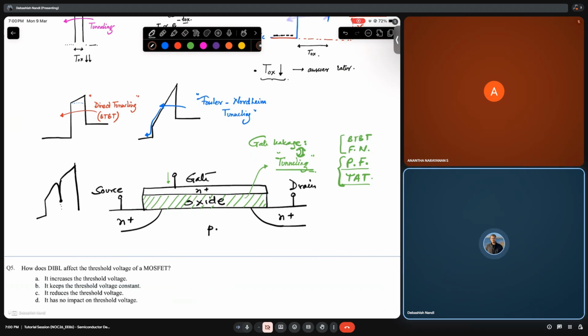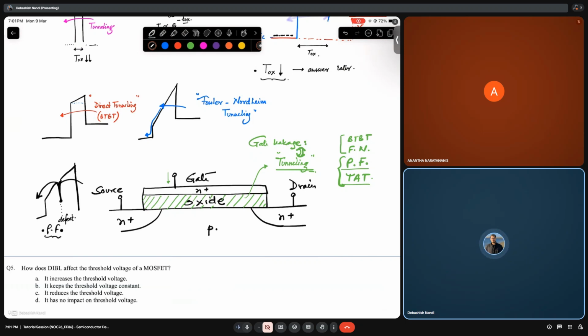Let's say you have some defects here in the oxide, which is quite common. Then you first need to tunnel to this and then to this. This type of tunneling is called Poole-Frenkel. Detailed analysis of these is available, and very honestly, the analysis is very simple.